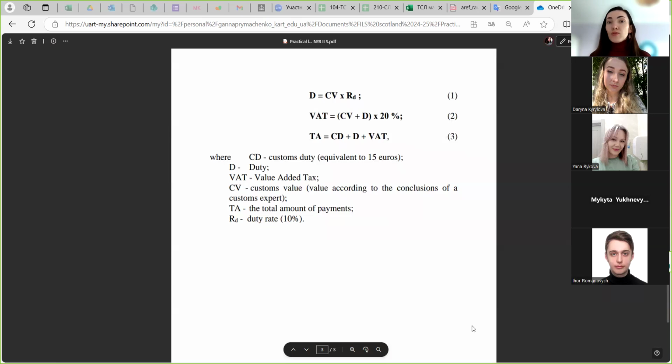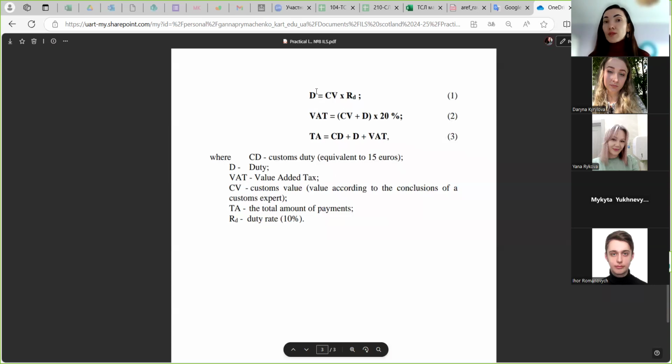Our second formula, you can write 2 point, and our parameter VAT. It is value added tax, is equal to, and now we need to use CV, also in hryvnias.